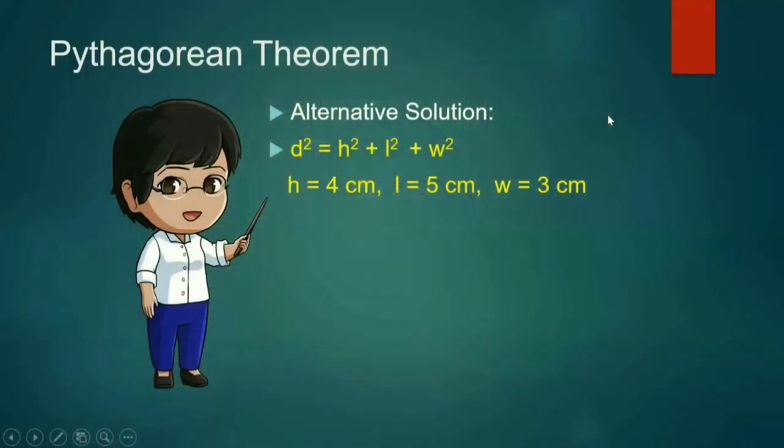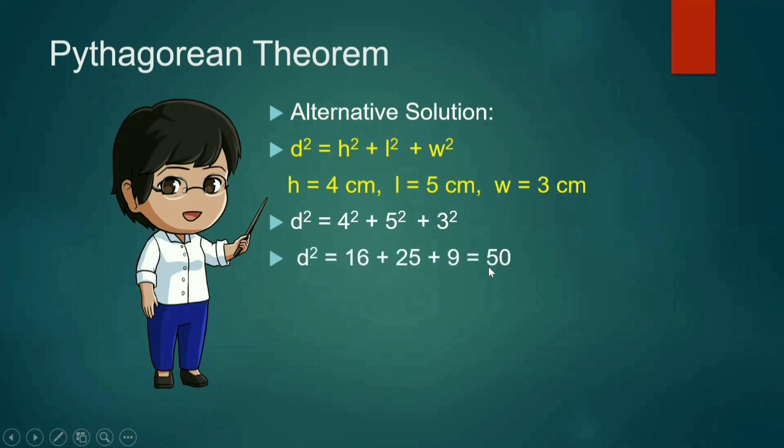With the given values, we have D squared is equal to 50, and then D is equal to the square root of 50, or D is equal to 5 square root of 2 centimeters.